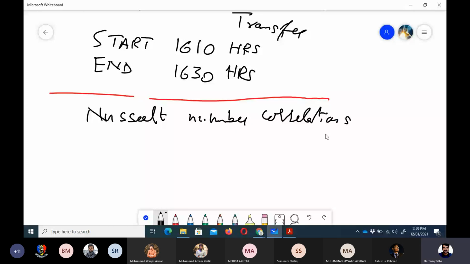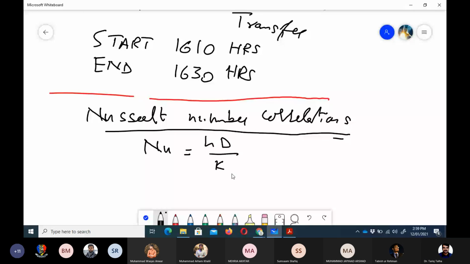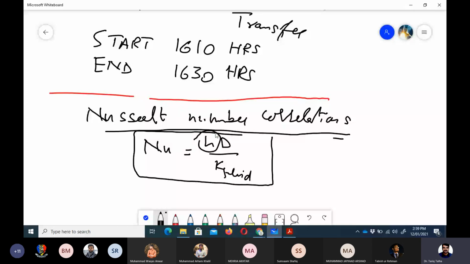Once we get the Nusselt number correlation, we can use the formula Nu equals hD upon k to get the value of h. So this is our line of action. It is the same thing as we did for the cases of flow over a flat plate and flow over a sphere and cylinder.